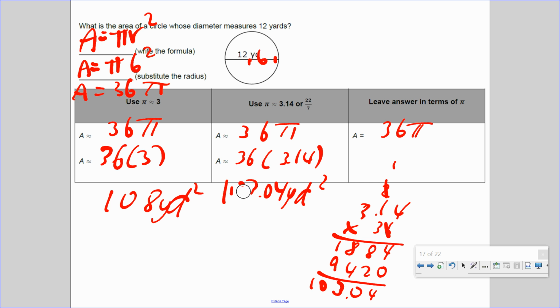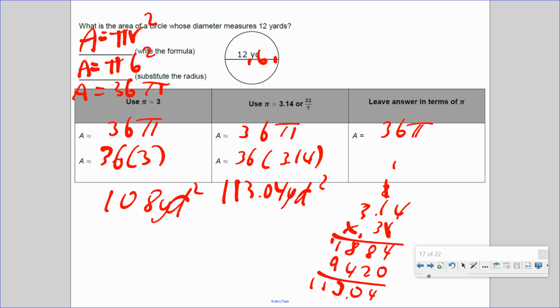So I use number sense to help me out here. Let's look here. 4 plus 0 is 4. 8 plus 2 is 10. Carry the 1. 8, 1, and 4 is 13. Carry the 1. 9, 1, and 1 is 11. So what a shame. This should have been an 11. So 113.04 square yards.